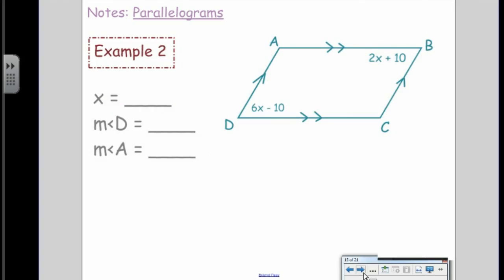All right, how would we start this problem? I'm sorry, I'm insulting your intelligence. We're going to set them equal. And the reason we're going to set them equal is because opposite angles are congruent. We have a reason. We can back up what we're doing, so therefore we can do it.